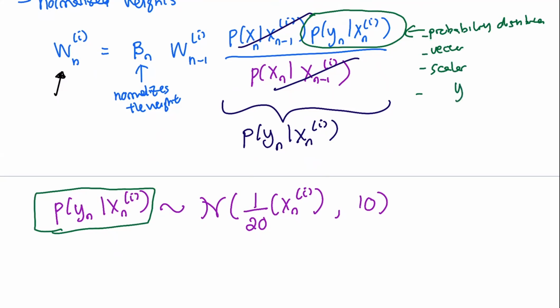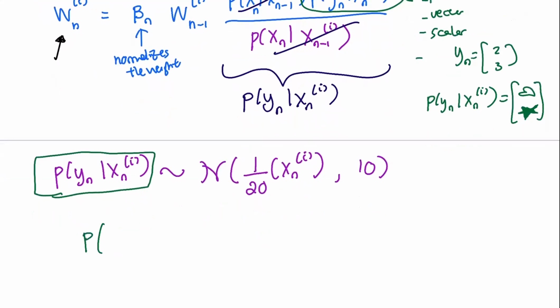So suppose yn, we'll make it easy, is like 2, 3. So you're saying probability of yn given x and I is some number and some number. Yes. I mean, I'm just putting numbers, right?